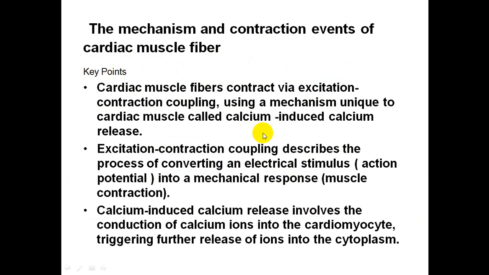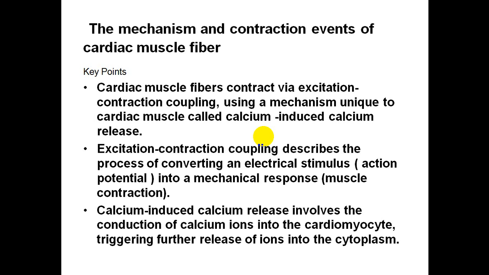What is the mechanism and contraction event of cardiac muscle fibers? Cardiac muscle fibers contract via excitation-contraction coupling, using a mechanism unique to cardiac muscle called calcium-induced calcium release. Excitation-contraction coupling occurs in the myocardium, striated muscle and some smooth muscle, while calcium-induced calcium release is unique to the myocardium.